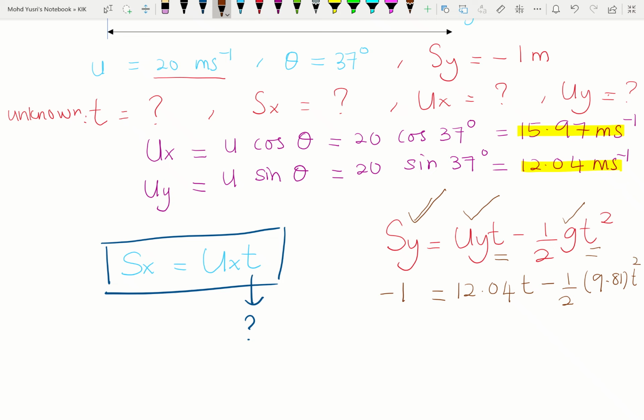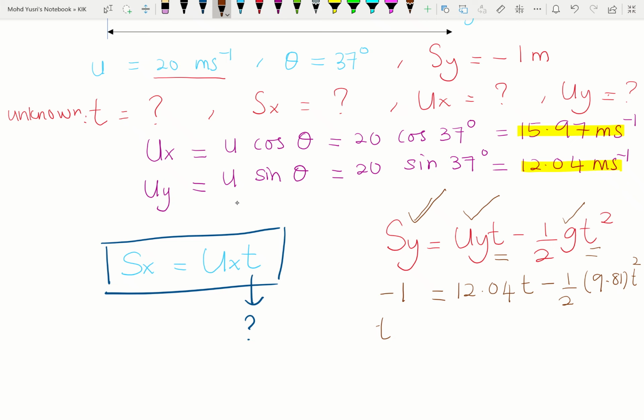Now use your calculator to find the value of t. When you use your calculator correctly, you will get two values for t, since here we have a quadratic equation.